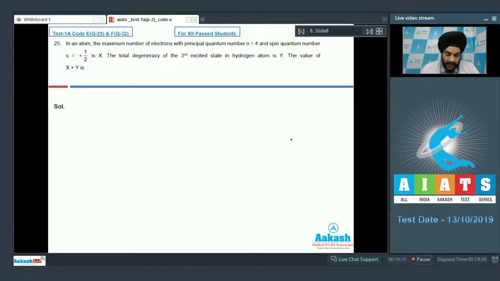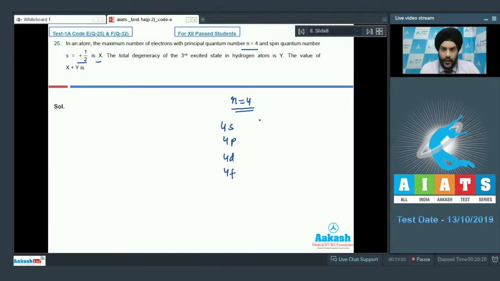In an atom, the maximum number of electrons with principal quantum number n equal to 4 and spin quantum number s equal to plus half is x. So if you talk about the electron having n equal to 4, so in the fourth shell, there can be 4s, 4p, 4d and 4f.